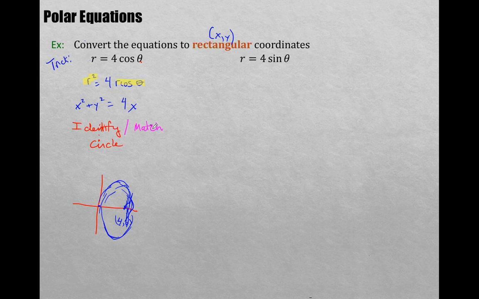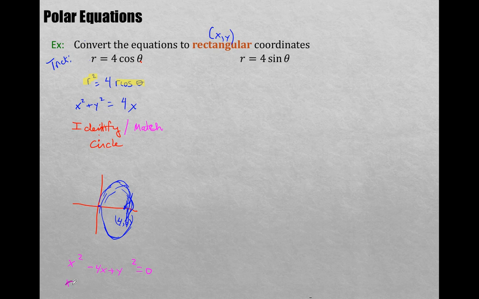Well, again, you took AAF and you paid attention. You've got to take this equation and translate it from rectangular standard to rectangular graphing. So that means you have x squared minus 4x plus y squared is equal to 0.